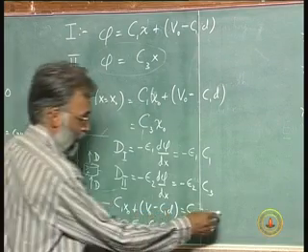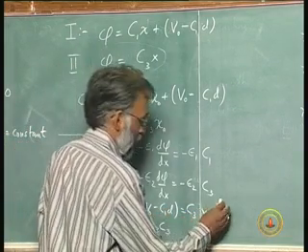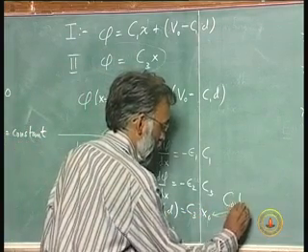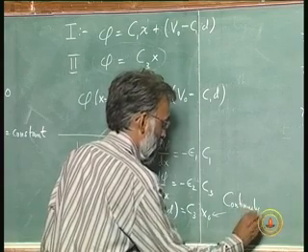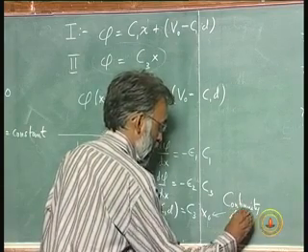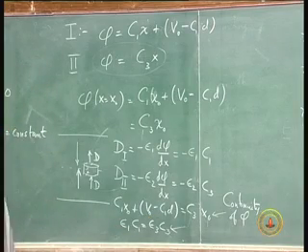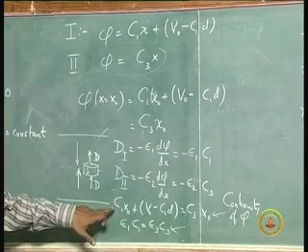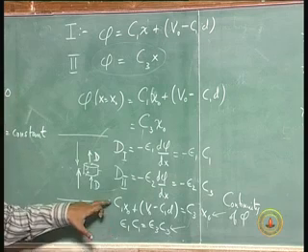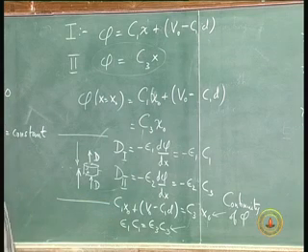This first equation is what is called continuity of potential, and the second is nothing but Gauss's law. I have two unknowns, C1 and C3, and I have two equations. I can solve them.